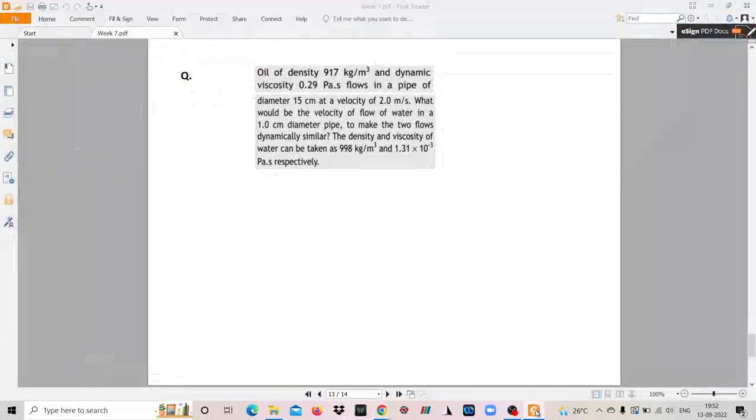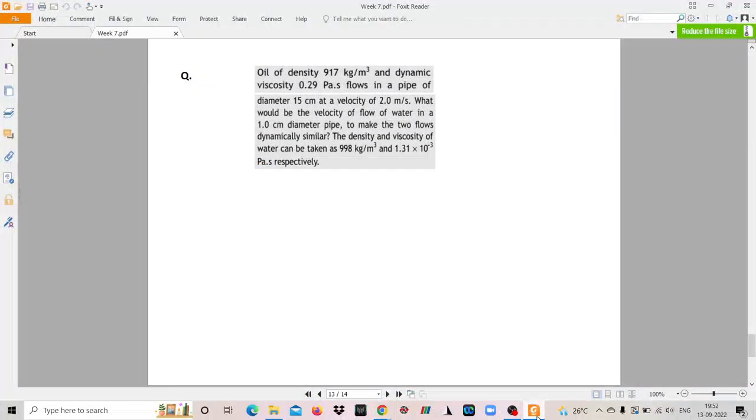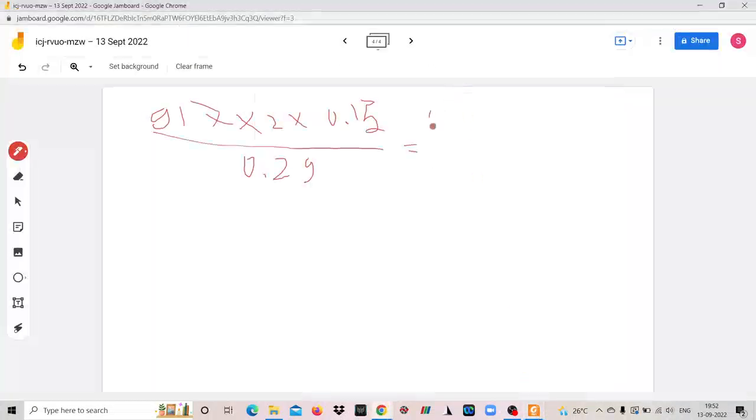The diameter is 15 centimeters, so it will be 0.15 meter, divided by the viscosity 0.29, that is mu, and this is equal to the density of water, which has been given as 998, into the velocity of water, that is the unknown.